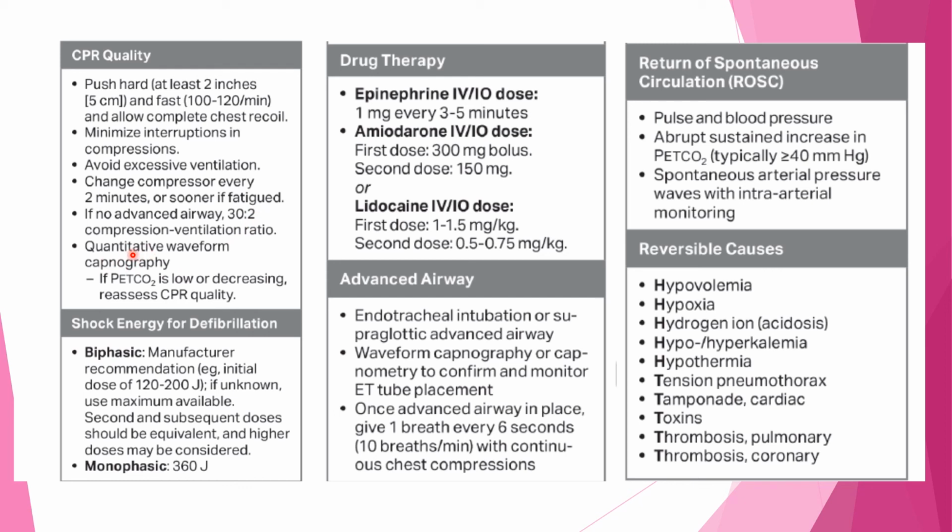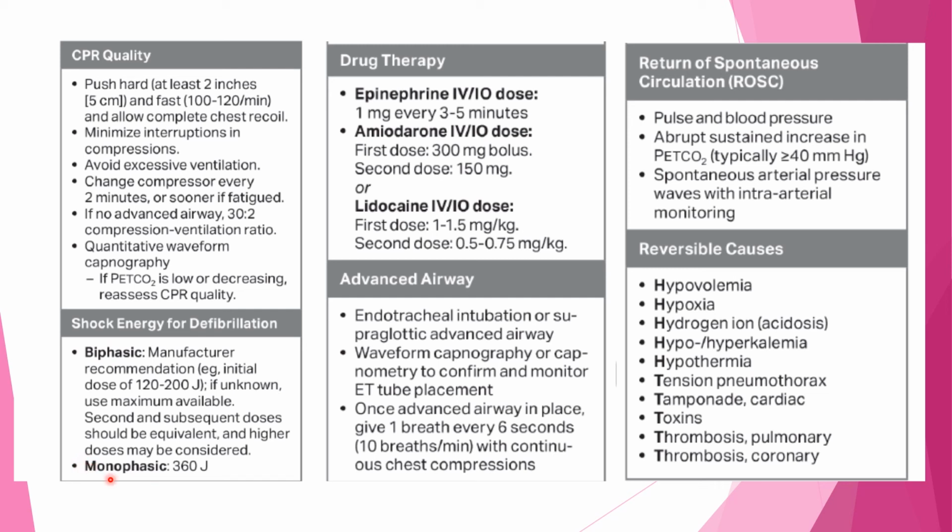Waveform capnography, very important. If end-tidal CO2 is low, less than 10 millimeters of mercury, then encourage your team to perform high quality CPR. For shock, it depends on your machine, defibrillator, biphasic or monophasic.